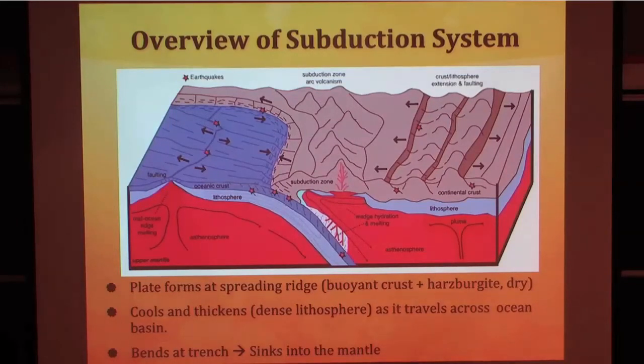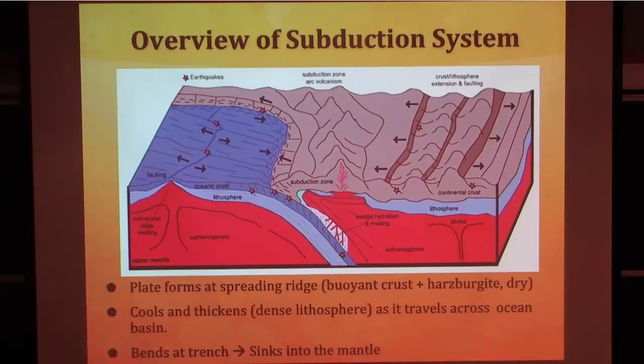And that water can be important for the strength of the slab, as well as what happens here in the mantle wedge, the dehydration and melting going into the arc, but also in terms of seismicity in the slab. Dehydration can embrittle or strengthen the slab at depth, and that can be a trigger for seismicity.